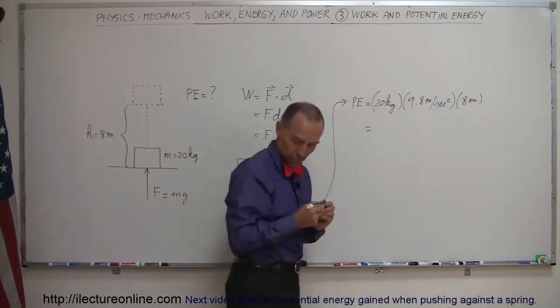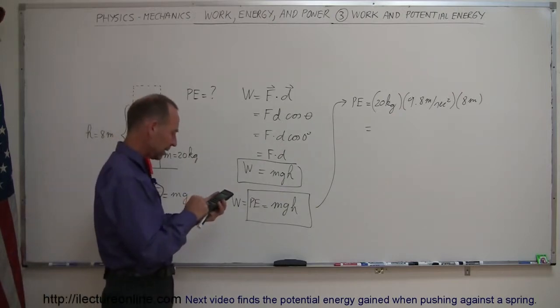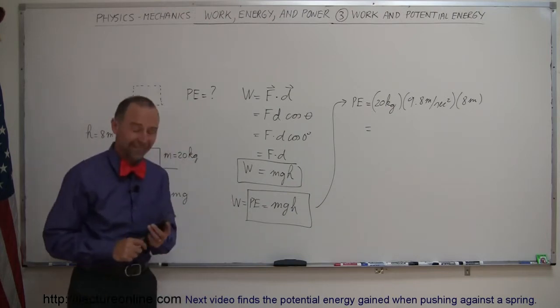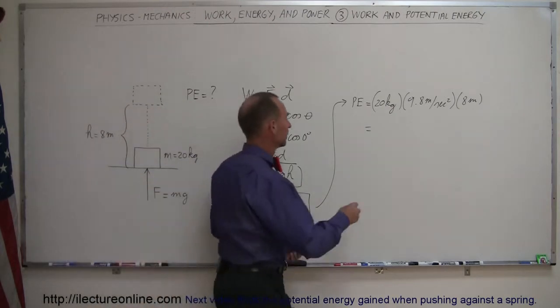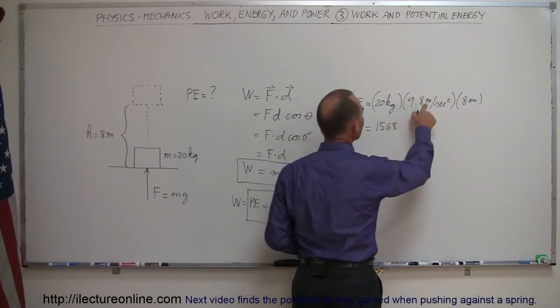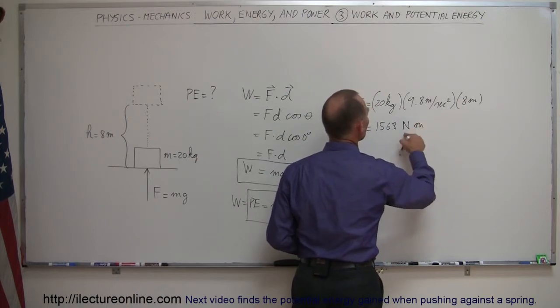Let's see here, here's my calculator. 20 times 9.8 times 8 equals 1,568.